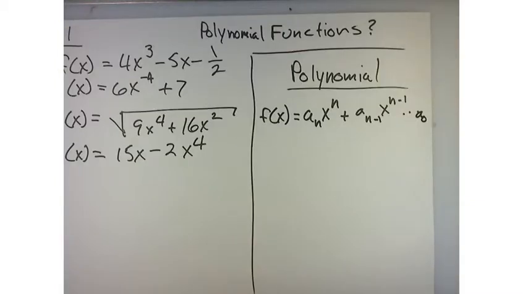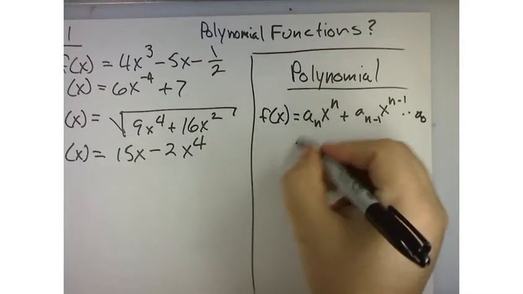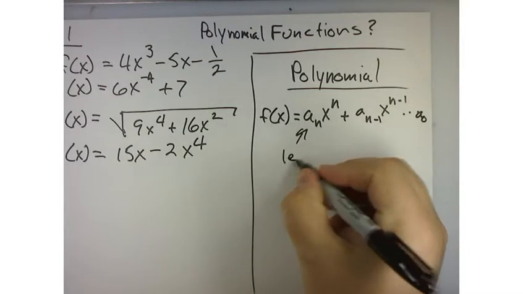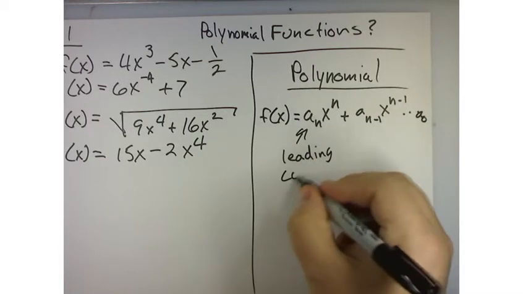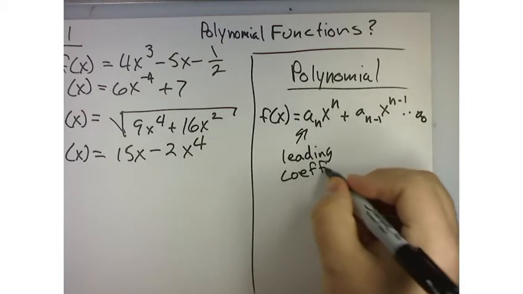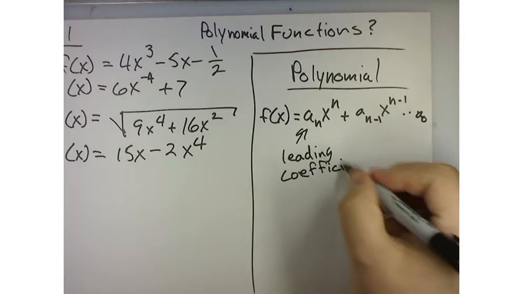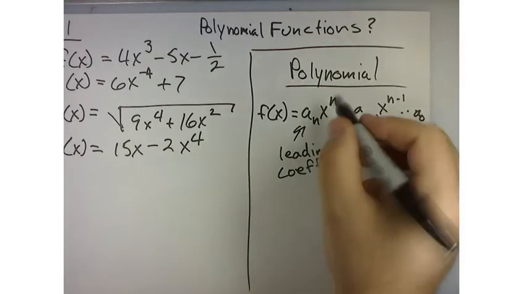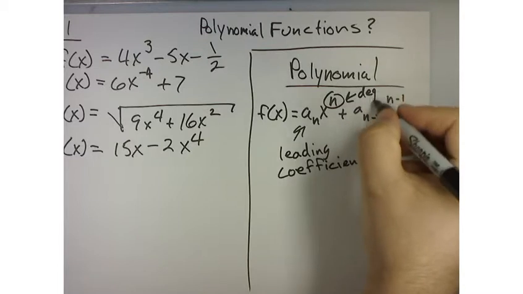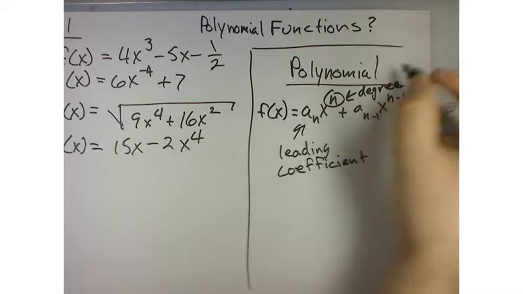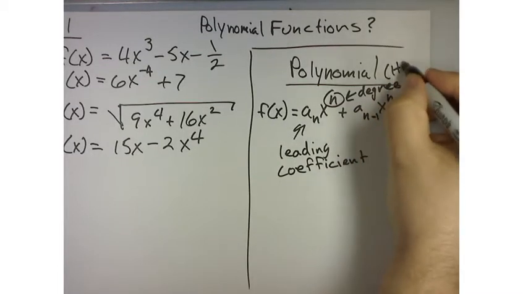Okay? And we call this the leading coefficient. And usually this is the degree. If we write it in descending order, it's the degree of the polynomial. And we always choose the highest degree.